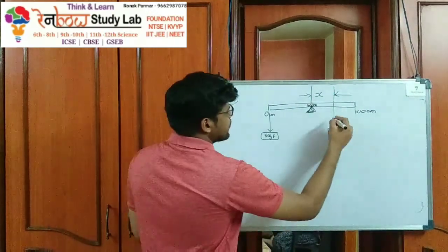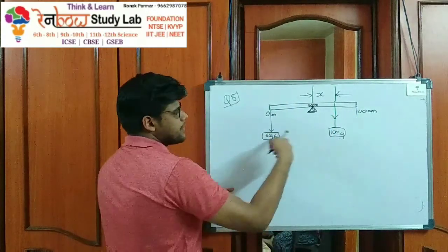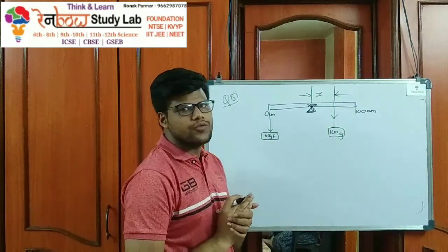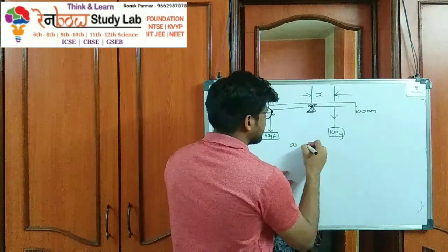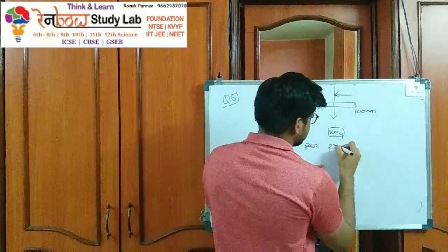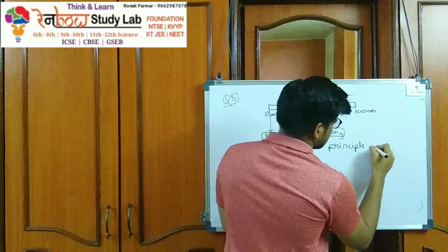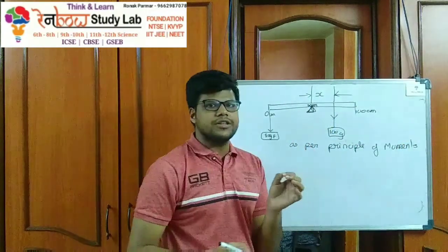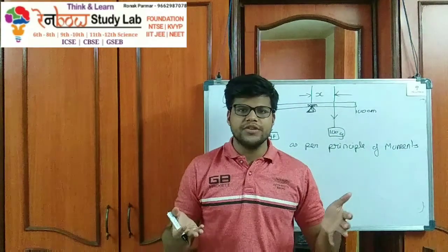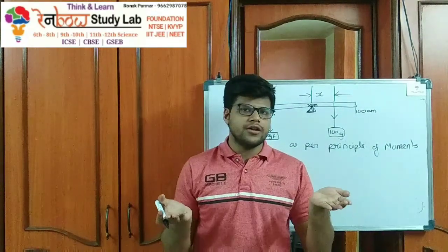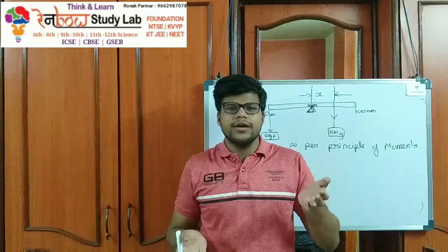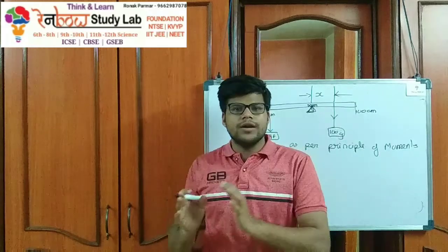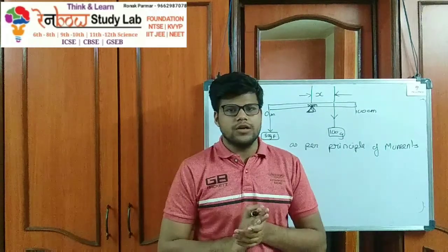So two forces are applied here. Because it is balanced, we need to apply the principle of moments. In all the sums where the question mentions that the ruler or the object is balanced, in equilibrium, not moving, that means all the clockwise moments and all the anti-clockwise moments are equal.